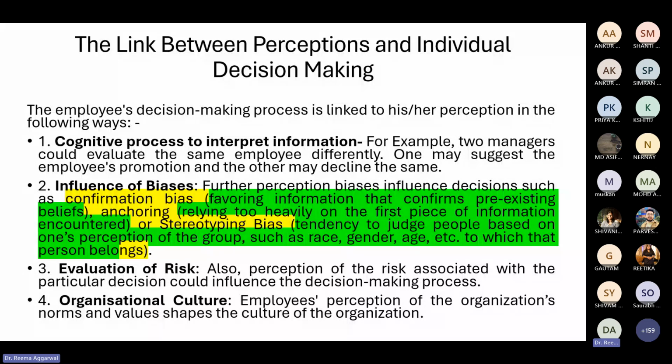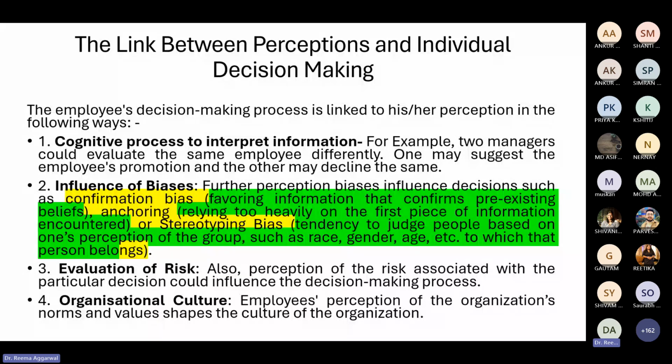So as you move up in the hierarchy, what is the most important thing that you will be doing? If I were to ask this to the class, most of you would say that it is decision making. Even if you don't say so, I'm telling you that the crucial thing when you move up in the hierarchy is to make the right decisions at the right point of time, right?